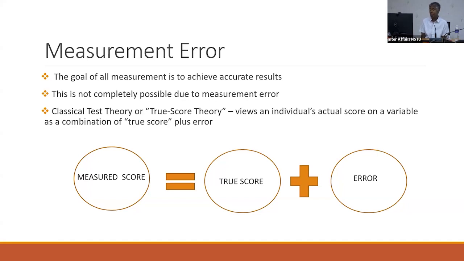So a measured score, an outcome score on some measurement such as depression, is a combination of the true score, the true findings of that individual's level of depression, and some level of measurement error. Every measurement that we make has some assumed level of measurement error.